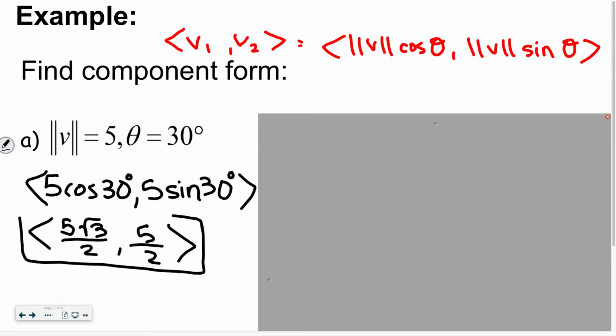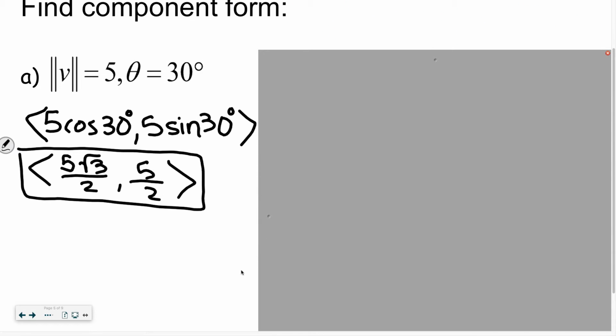Now, I did see some people going through their calculators, so maybe you're typing it in your calculator, but I will say, if your angle is an angle in the unit circle, you already did the unit circle in chapter 4, so you can leave your answers in exact form. If this was 5 cosine 42 and 5 sine 42, I would probably just leave my answer like that, because that's exact.